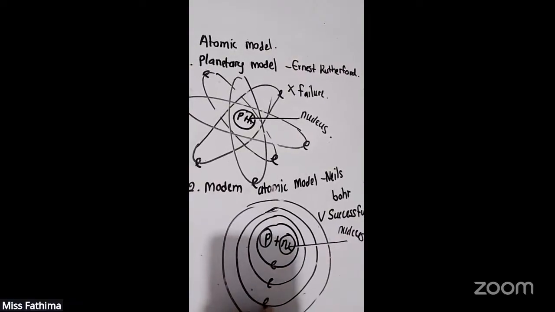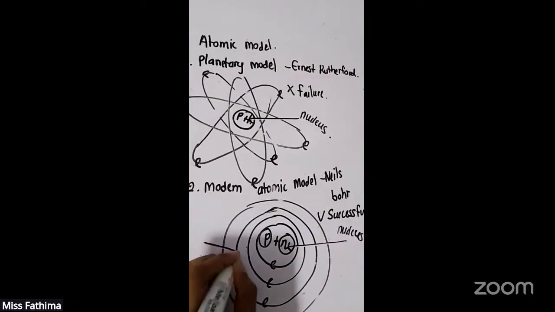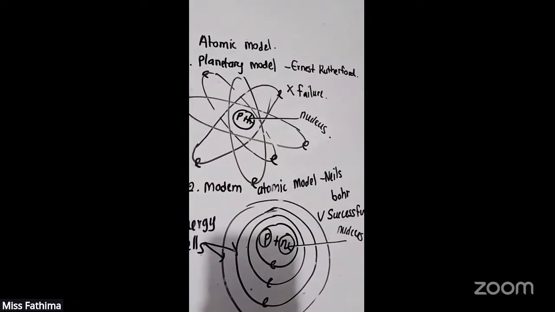Electrons revolve around it using the energy orbitals, or energy shells, you can call it either way. That neat explanation was a successful one, so this is the accepted atomic model. Did you understand that? Is that clear to you?